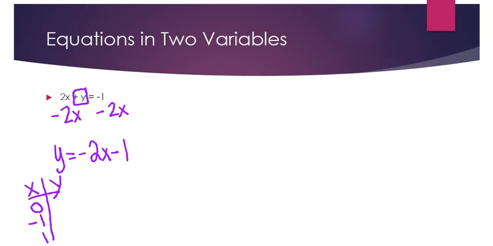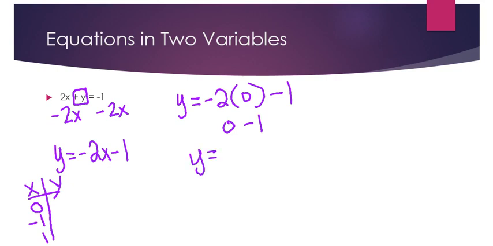So if I plug 0 in for x, I get y equals negative 2 times 0 minus 1. Negative 2 times 0 is going to give me 0 minus 1. So y is going to equal negative 1. So when x is 0, y is negative 1.